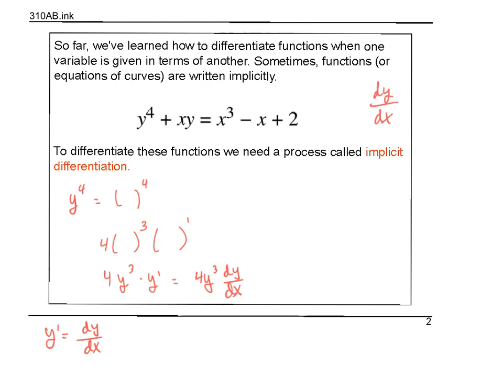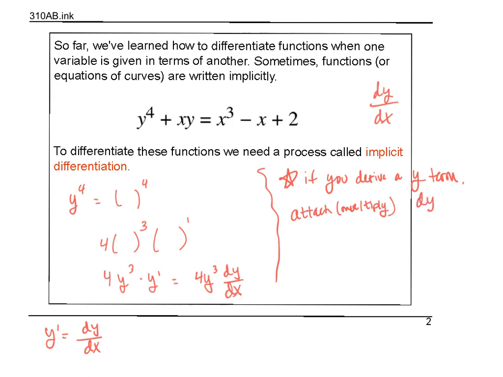Okay, so in summary, anytime you derive a y term, you have to apply or attach or multiply, whatever word you want to use here, dy over dx, because of the inside prime, right? It's something other than x. So therefore it's a chain rule and we need that inside prime.